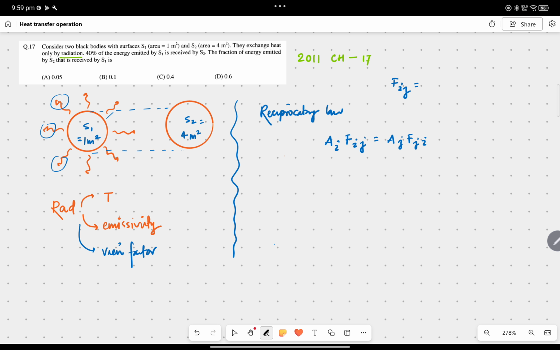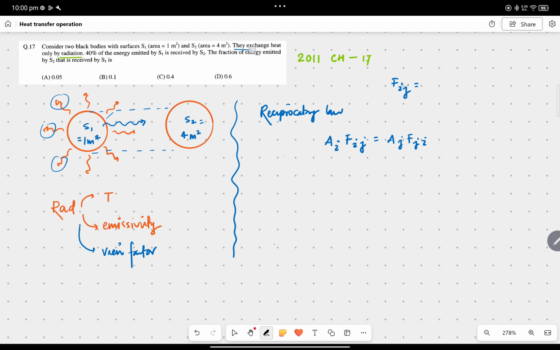Fij means the fraction of the total radiation emitted by surface i and accepted by surface j.